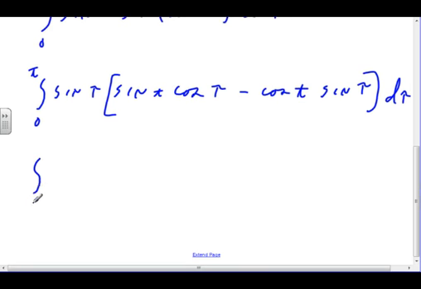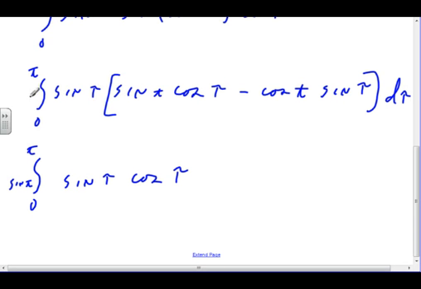So I'm at 0 to t, and then I've got sine tau cosine tau, sine t. Sine t is not the independent variable, so it's just a constant.